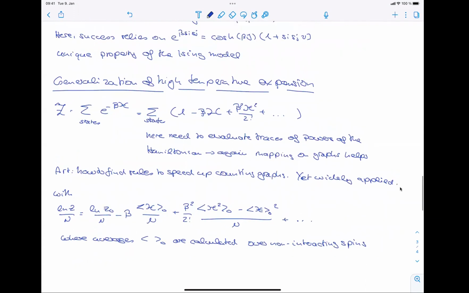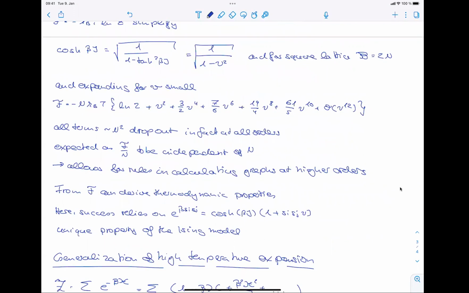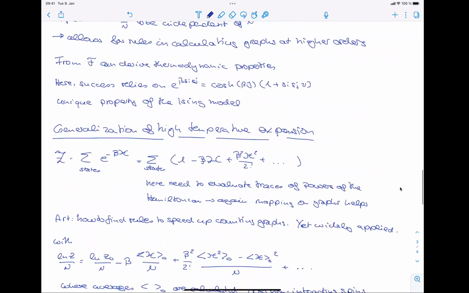Yeah, we wouldn't get tanh terms, but in lowest order in mean field theory, we do, because we evaluate the Hamiltonian at the non-interacting state, so the tanh will pop up again.